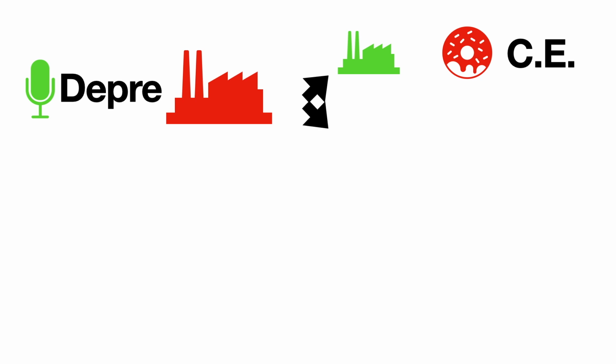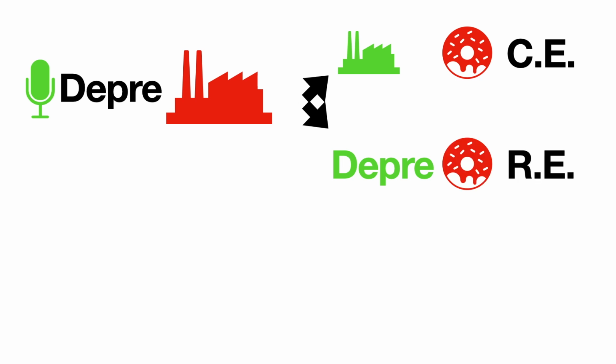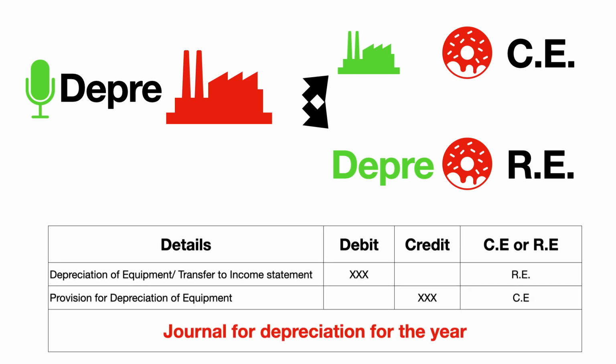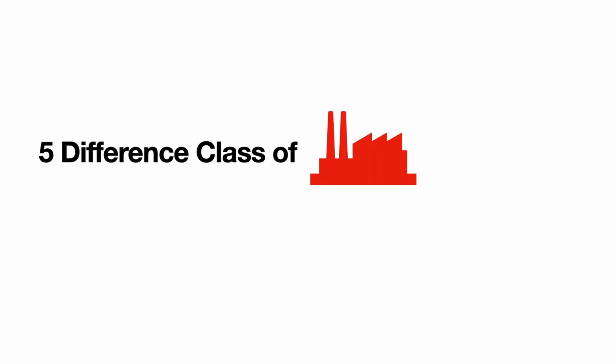But the depreciation for the year, you put it as revenue expenditure. Revenue expenditure means you transfer into income statement. Capital expenditure you transfer into SOFP. This is the journal: depreciation of equipment debit side, provision for depreciation, the total of depreciation.